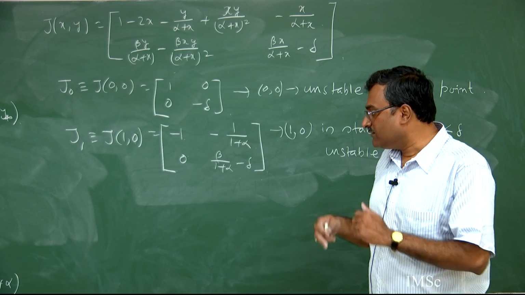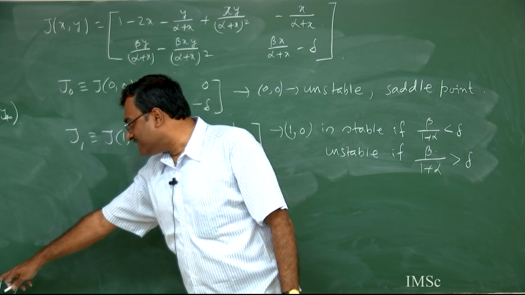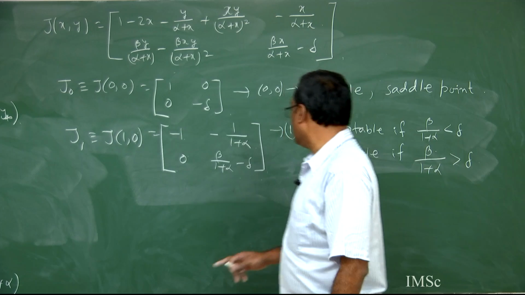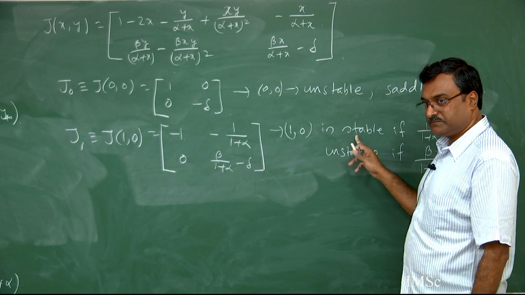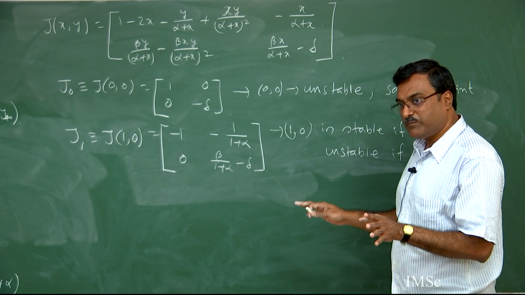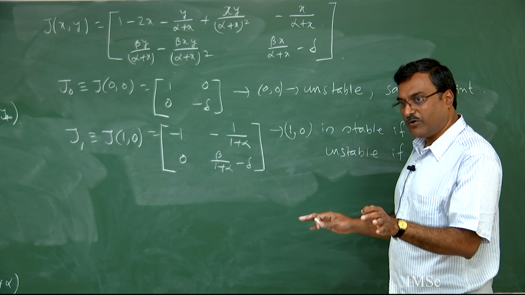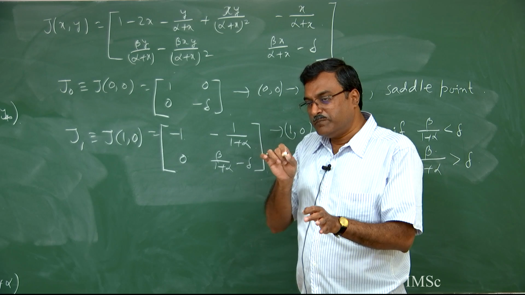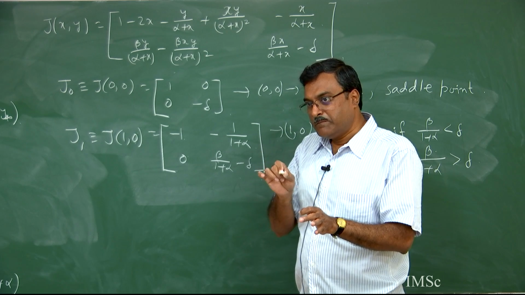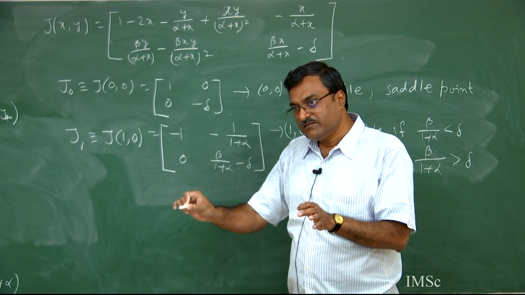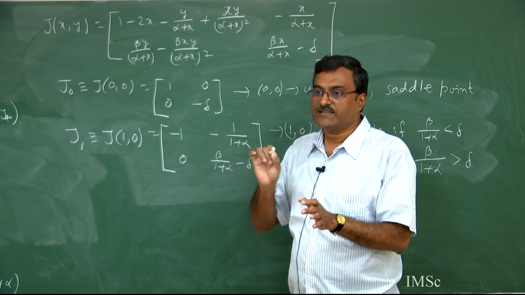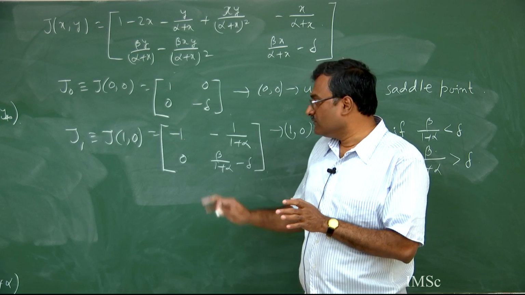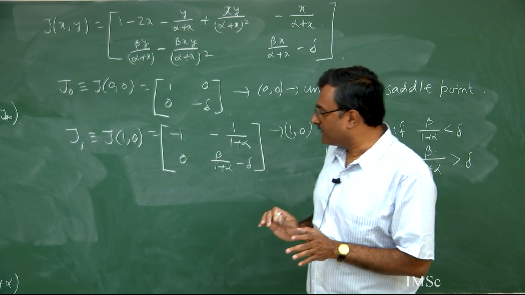On the other hand, if beta is less than delta times 1 plus alpha, then this (1, 0) is stable, there is no interior equilibrium point, and the origin is a saddle point. So if you start from any initial prey and predator population density, the predator population will go to extinction and the prey will survive at its carrying capacity. So this is the idea.